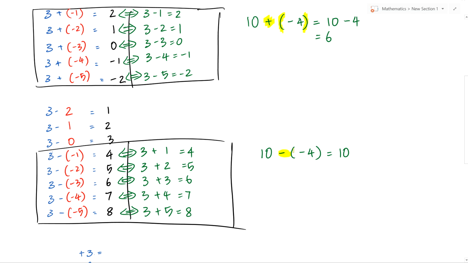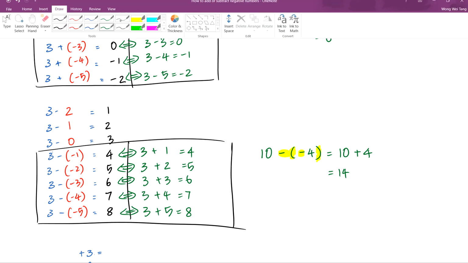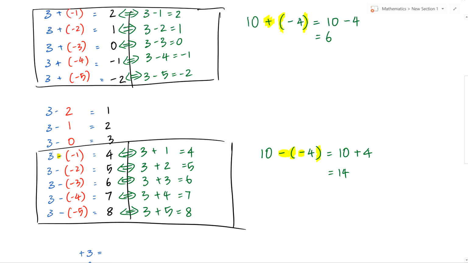Whatever is highlighted will now be replaced by a plus. Copy down the final number, and we have 14. All these that are highlighted will be removed and replaced with an addition sign.